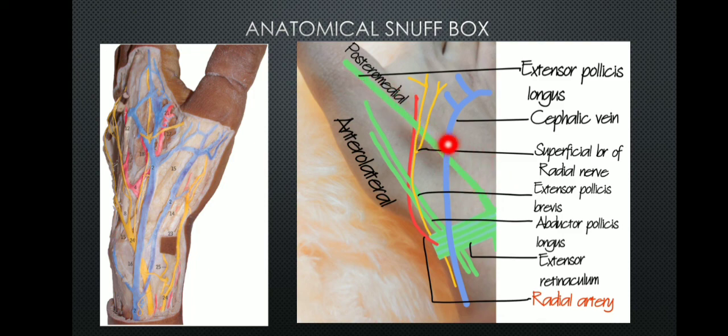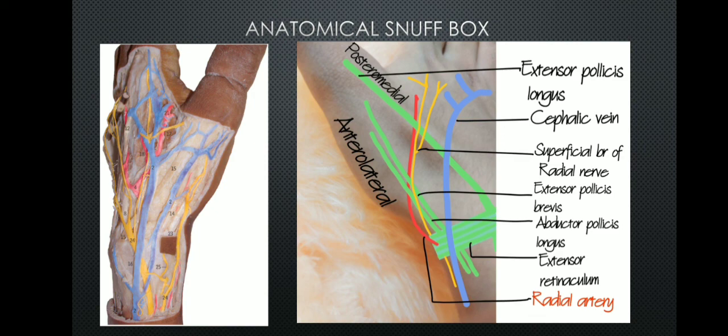This is the extensor pollicis longus tendon, this is the abductor pollicis longus tendon, and this is the extensor pollicis brevis tendon. Now these are the boundaries, whereas superiorly it is bounded by the styloid process of the radius bone. Somewhere around here lies the styloid process of the radius bone, and the floor of this anatomical snuff box is formed by the scaphoid and the trapezium bone.